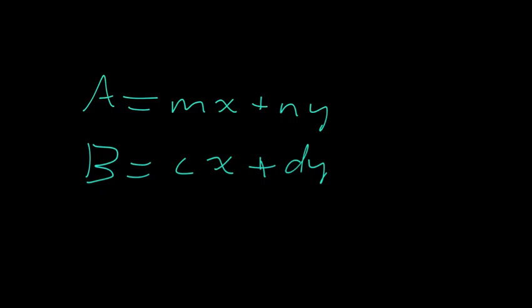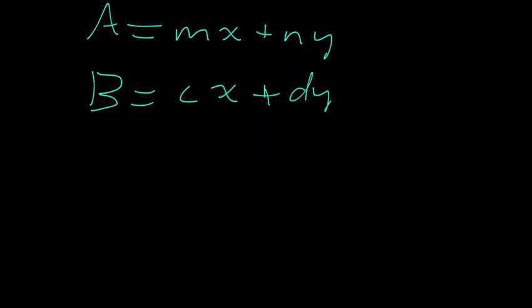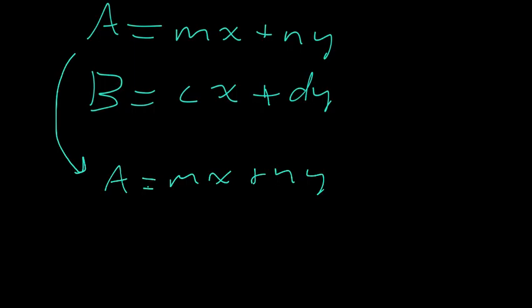In this video we're going to show you how to use the substitution method of systems of equations to solve for these unknowns. So first, what we want to do is solve for one of these variables. I'm going to take this first equation and solve for x. So we have a equals mx plus ny. Now I'm just going to solve it like a normal equation, so I'm going to subtract ny from both sides.